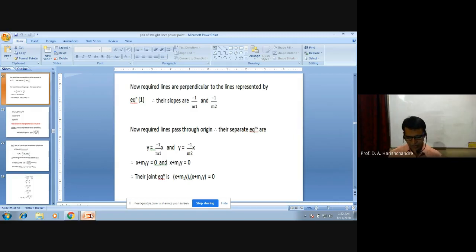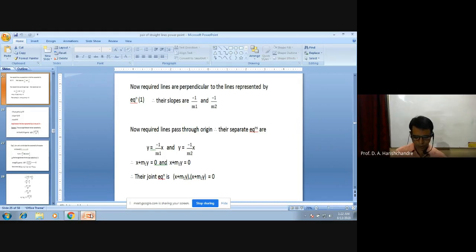Simplify these equations so that you are getting x plus m1y is equal to 0 and x plus m2y is equal to 0. And now to obtain their joint equation, take the product of these two separate equations so that the joint equation becomes x plus m1y into x plus m2y is equal to 0.